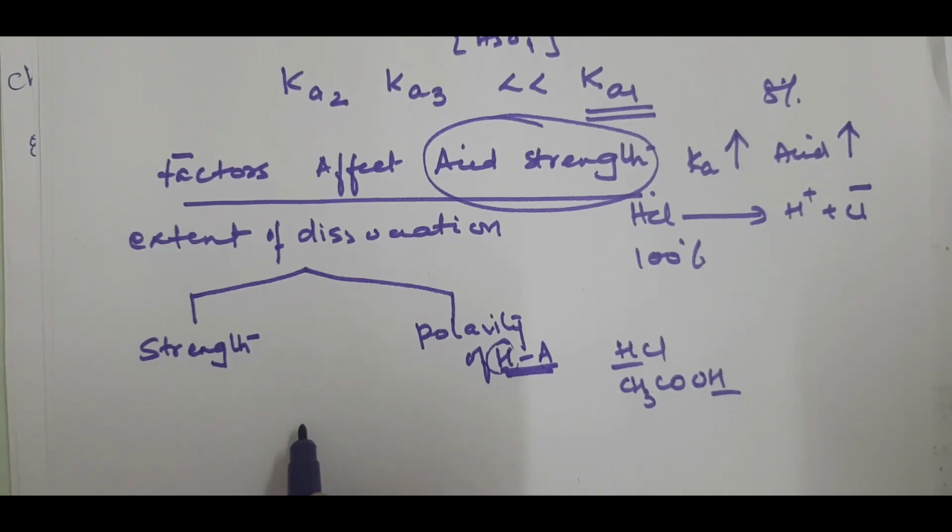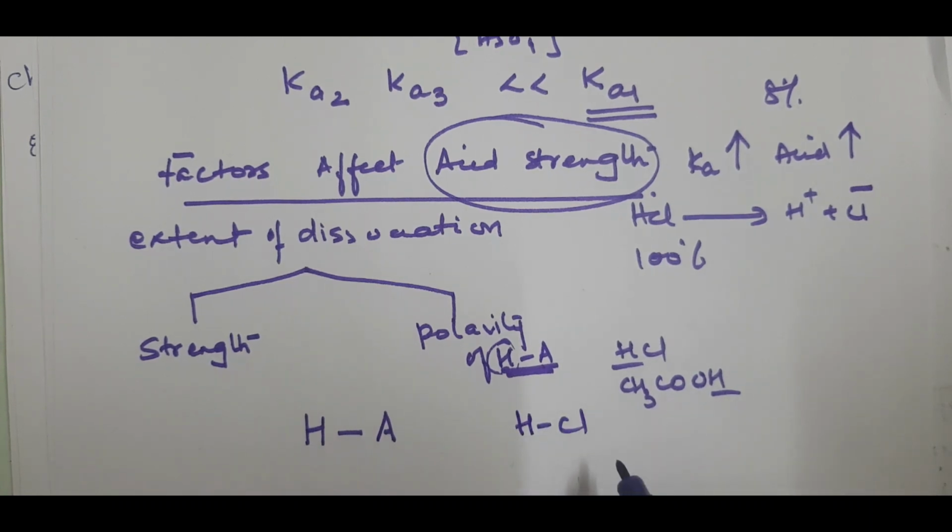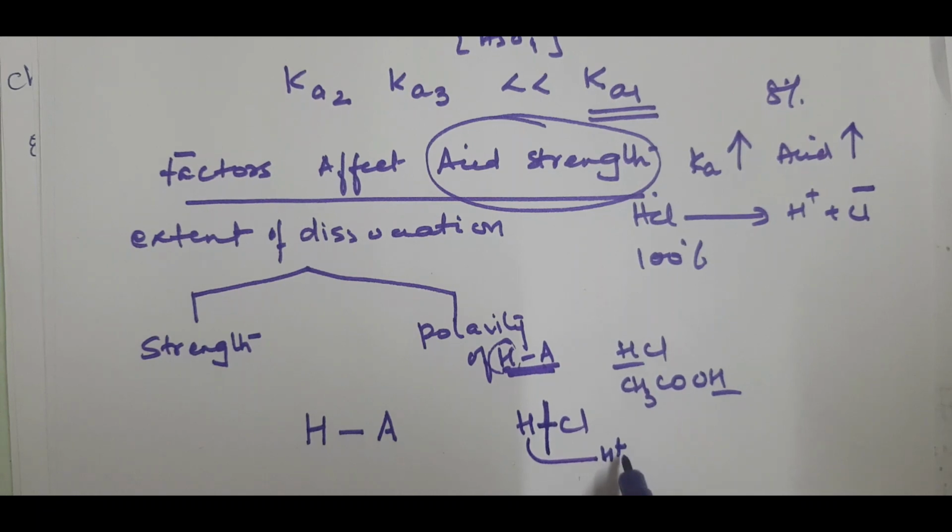When we talk about the strength of the bond, if you have an acid like HA, for example HCl, and the energy required to break this bond decreases, the H+ ion is liberated and it is a strong acid, meaning dissociation happens.